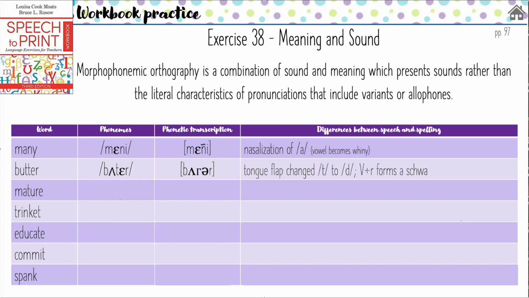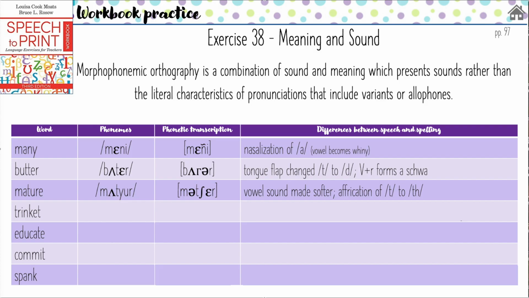We have the sounds represented, but because we go from a voiced vowel to a voiced vowel, our tongue will shift from t to d in American forms, with a little bit of a schwa on there as well. This is kind of a kickback to chapter 3 when we were talking about those allophonic variations and how things change. So go ahead and pause if you want to try these on your own, and then you can go back and see, did you make that connection? Is there a difference between how it's spelled and what you might hear with some of that morphophonemic orthography coming into play?